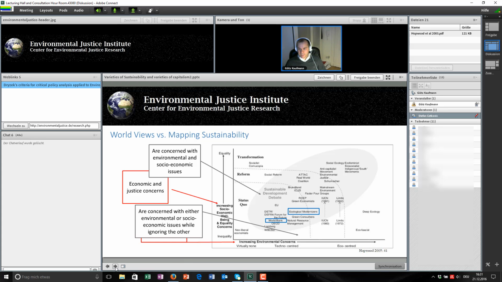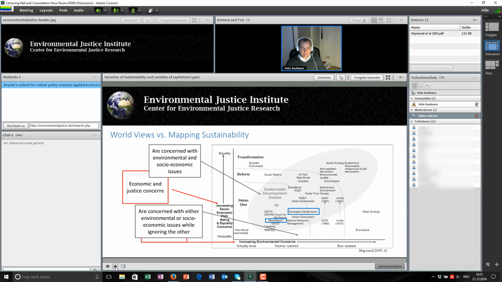The second group are the ecological modernizers. You may not know a lot about ecological modernization. Ecological modernization is a concept that was developed in the 80s and became famous in the 90s.